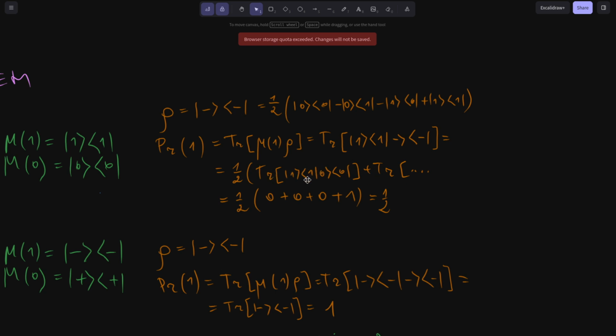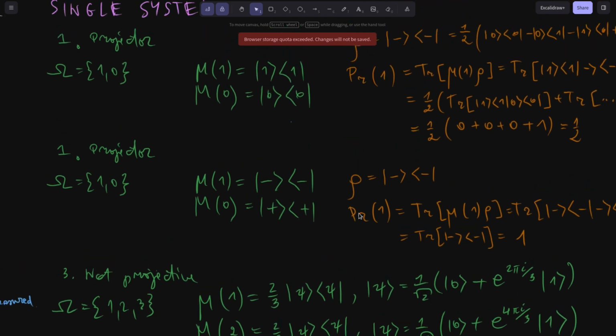So here the trace will be 0, because here 0 and 1, as mentioned before, the inner product is 0 because we are orthogonal. It's going to be the same thing with all of these except for |1><1|. And for |1><1|, the trace will be 1. And this way we get our probability 1/2.